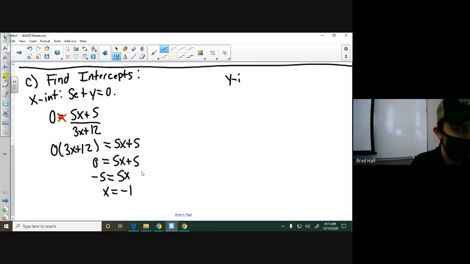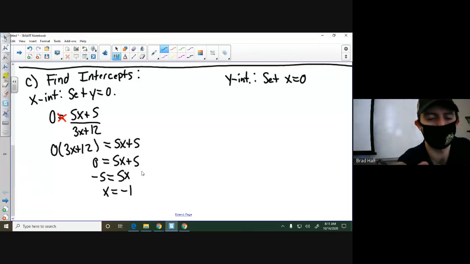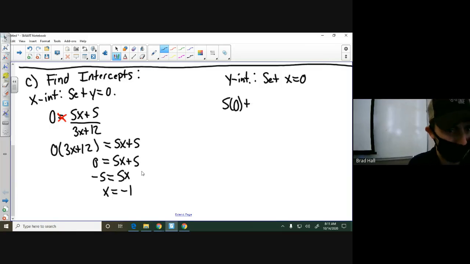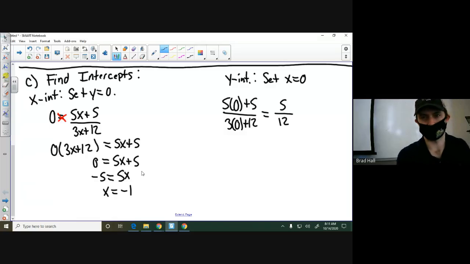And equivalently, we can go ahead and figure out the y-intercept, which is normally easier to find. You replace every x with 0. It simplifies very nicely to really just 5/12.